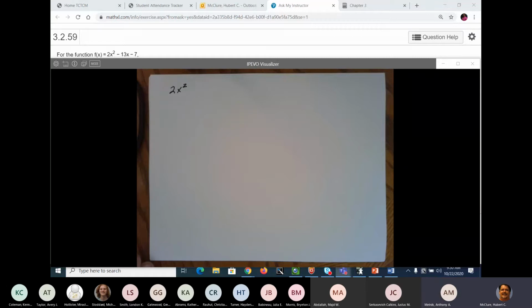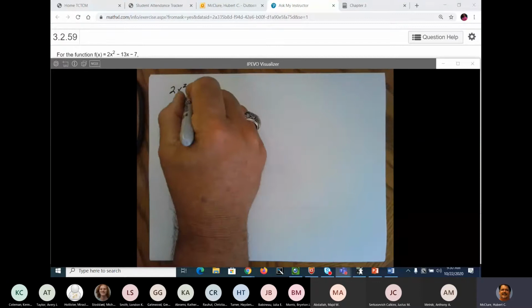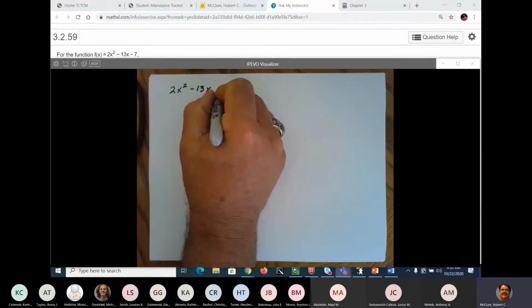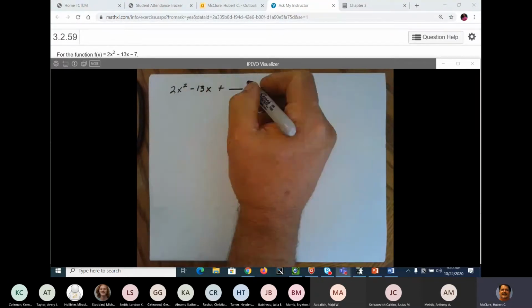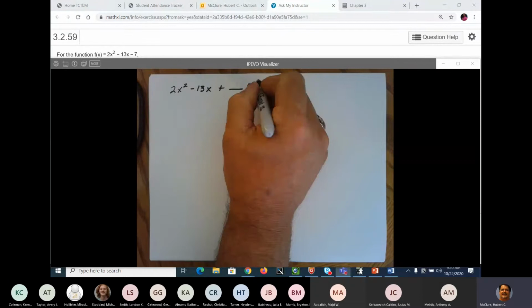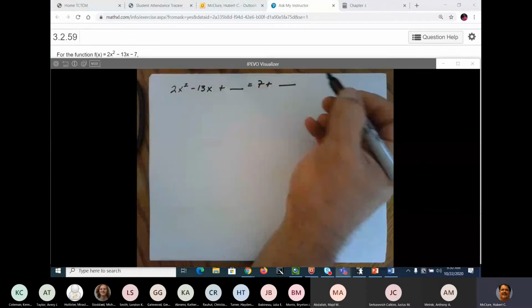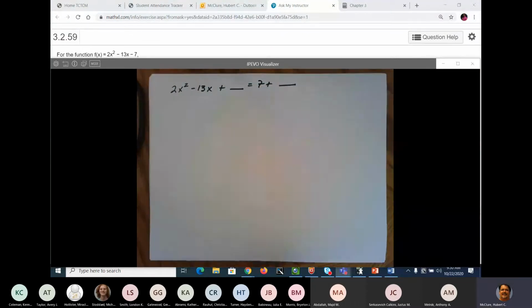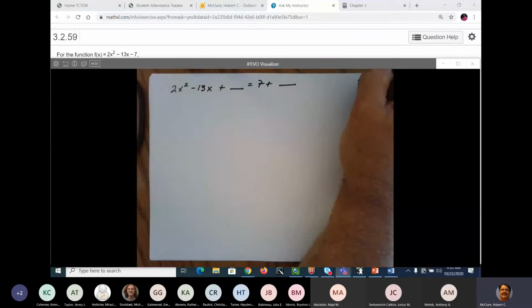Yes, sir. All right, so 2x squared minus 13x plus blank is equal to 7 plus blank. And we know that (0, -7) is our y-intercept.